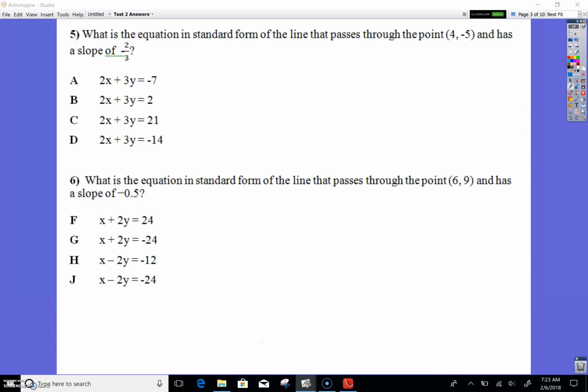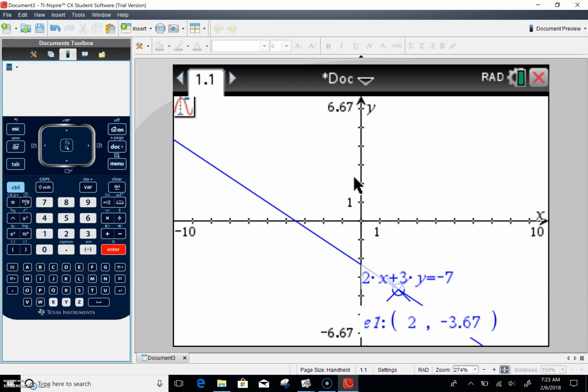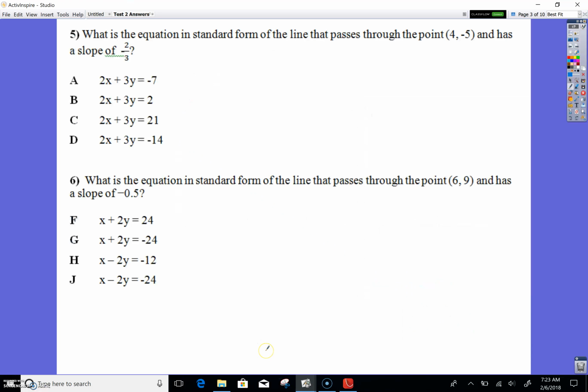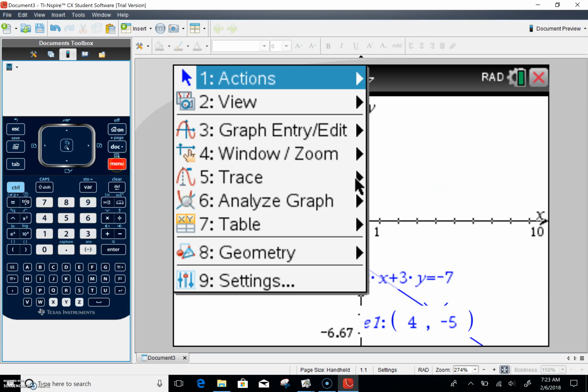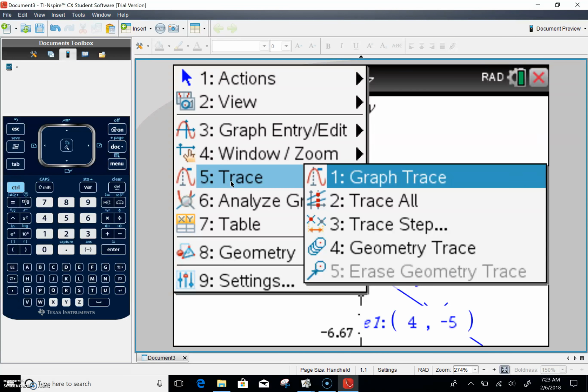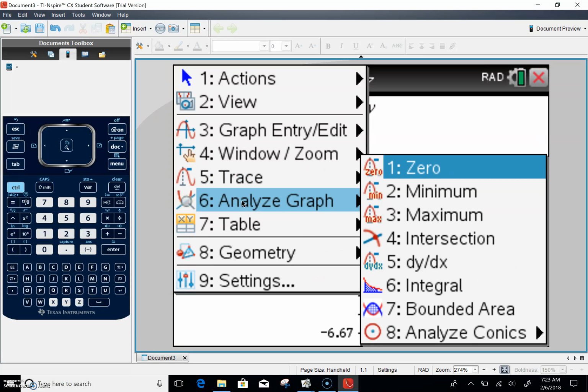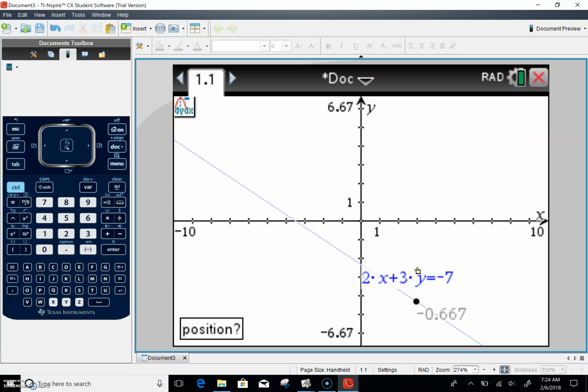Oh, sorry, not 2. We want 4. 4, negative 5, is that what we want? Let's go back and look. Yes, 4, negative 5. And we can go to menu, analyze graph, dy dx.